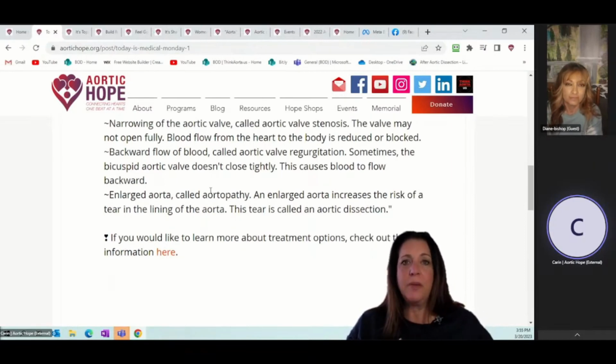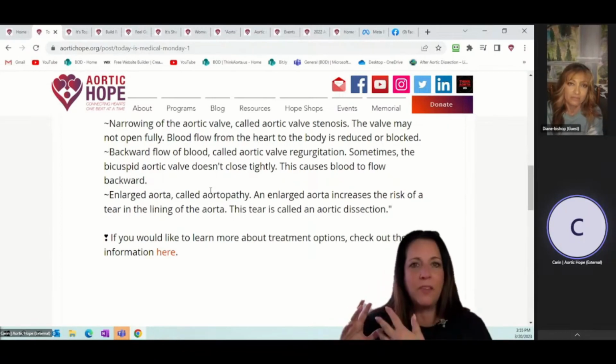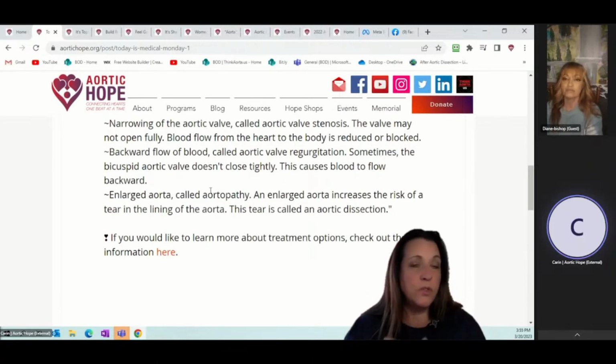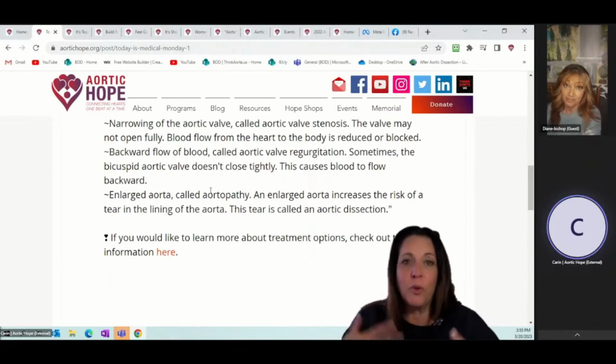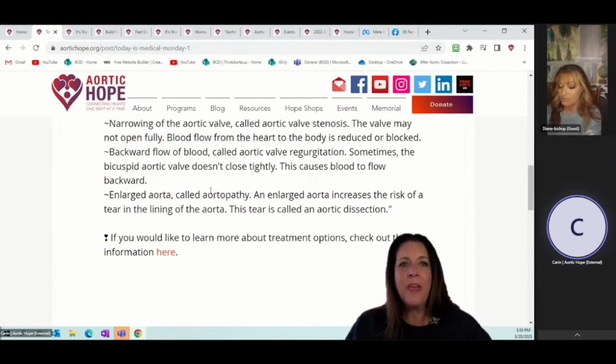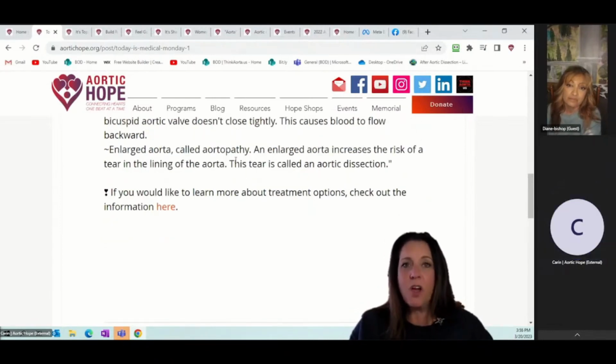And that is usually because it's not closing tight. So when your valve doesn't close tightly, it allows blood to seep back through and regurgitate. Sounds really gross, but it's like you would envision when you think of GERD or gastric reflux, same thing. So this causes the blood to flow backward. That's not a good thing either. And it can cause an enlarged aorta.